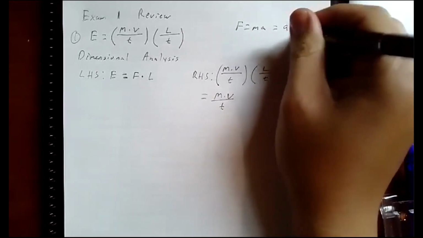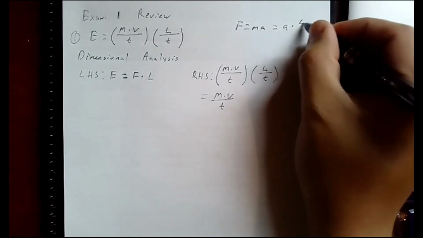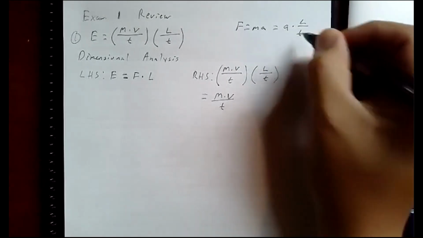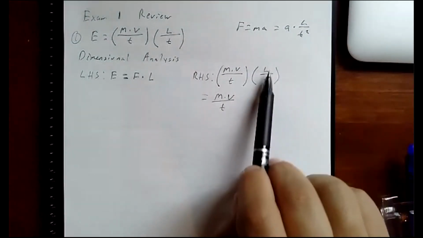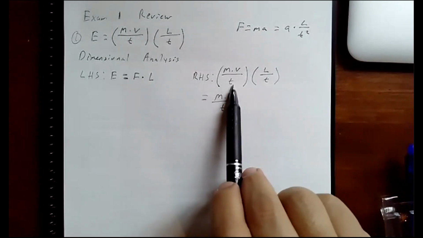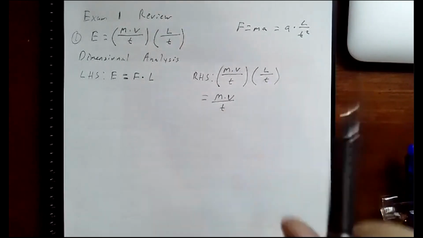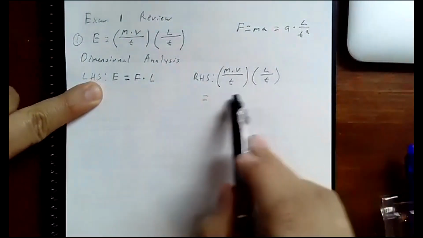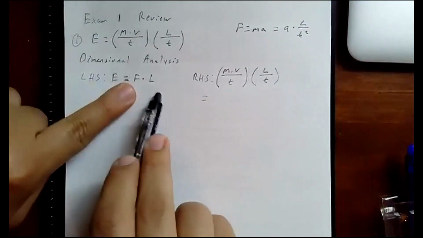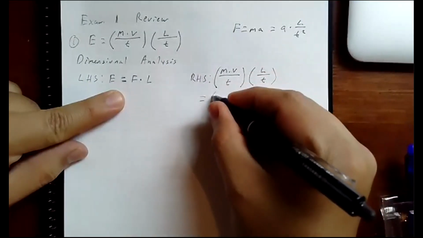Should keep it in terms of L. That will be L over T squared. So right now we have L over T, and we have a T there. So if we multiply through, this will become T squared, right? So let's go ahead and do that, because now I see a path. So first trying to analyze the equation for E and figuring out how I can make this into E. We'll look at this formula first and then break down the F. So this is the idea I came up with right now.